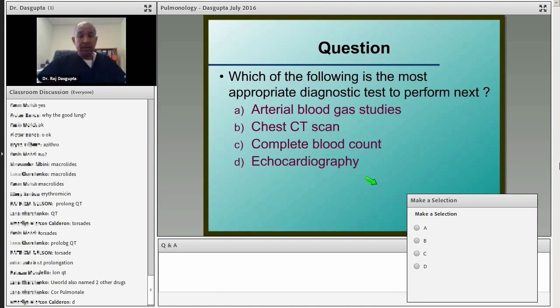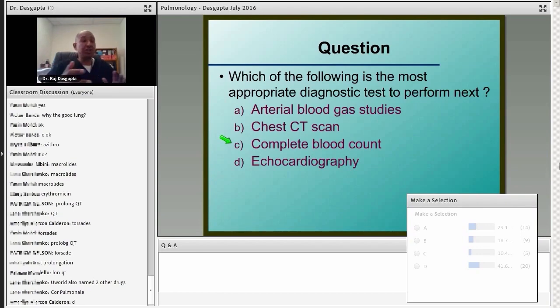For time's sake. So when I look at this question, this is someone who comes in with known COPD, and what would be the next diagnostic test to perform? Don't get me wrong, in the hospital they'll probably get all this stuff. But the ones that don't make a lot of sense to me would be, number one, C. Don't get me wrong, she's going to get a CBC. But is that the test you should do next of all those? Probably not.